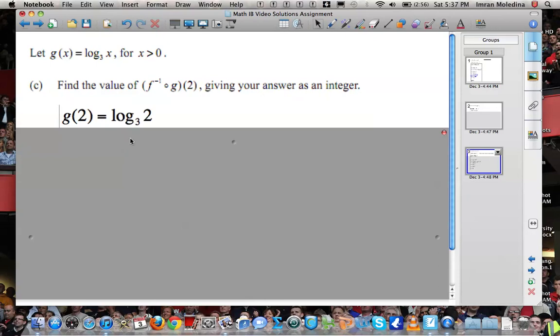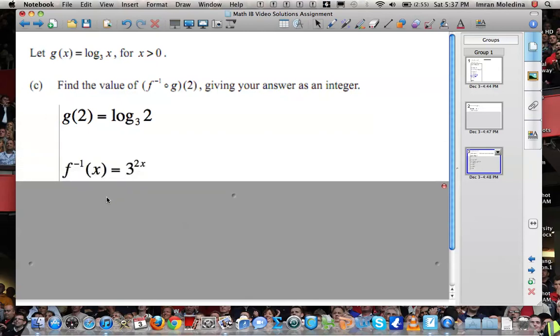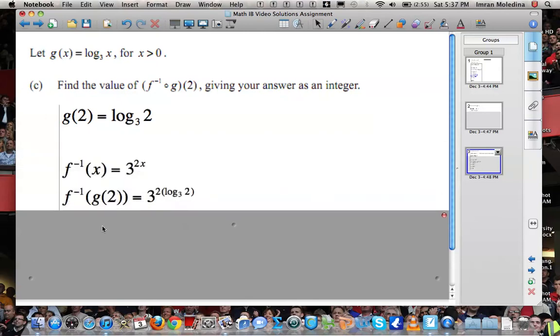Now the next thing you want to do is use g of 2 with the inverse function. So if you remember, the inverse function was 3 to the power of 2x. So if you input g of 2 into that, we get 3 to the power of 2 log base 3 2. So this is simply from inputting g of 2 into the inverse function.